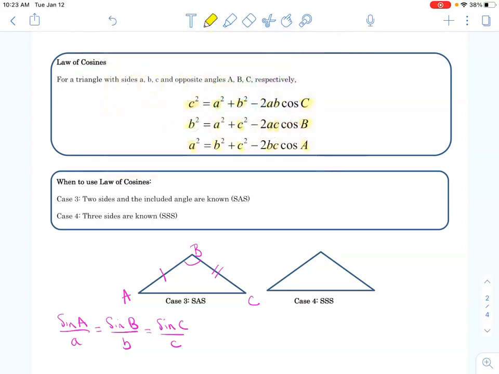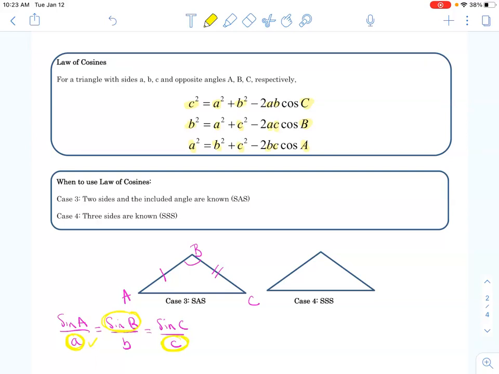If I look at sine of A, I don't have angle A, but I do have side length A, so that works. When I look at B, I do have the angle B, but I don't have side length B. And when I look at C, I have side length C, but not angle C.